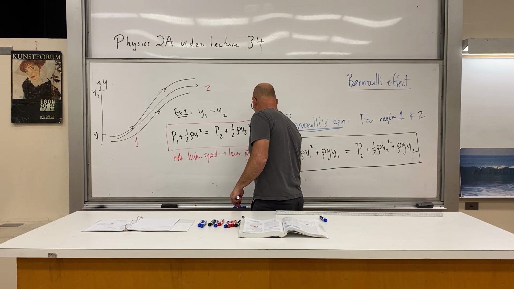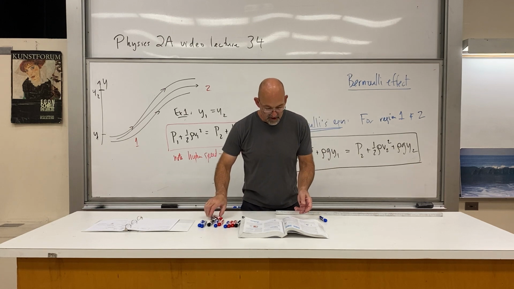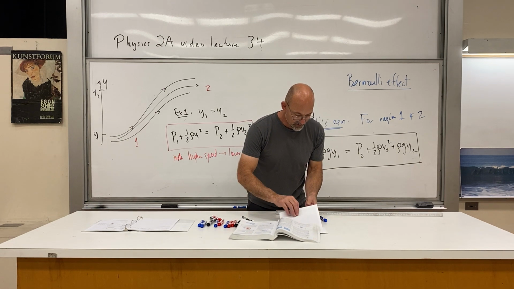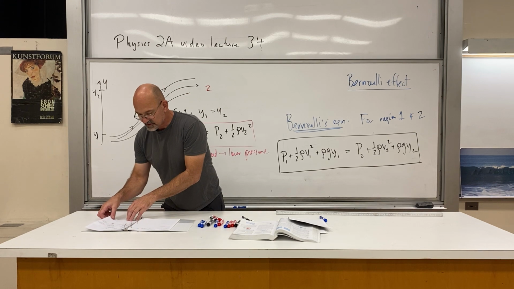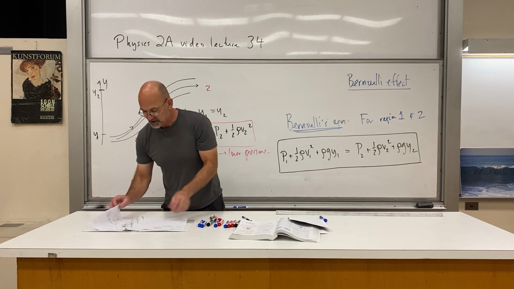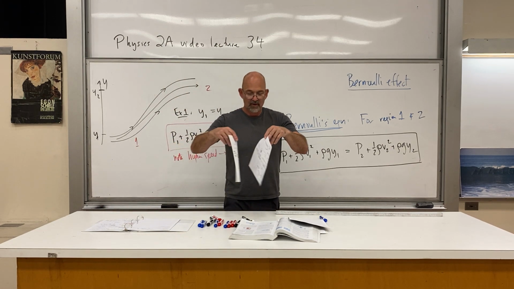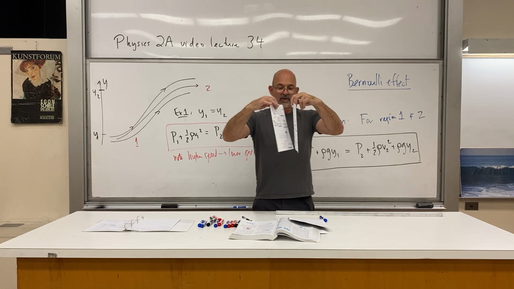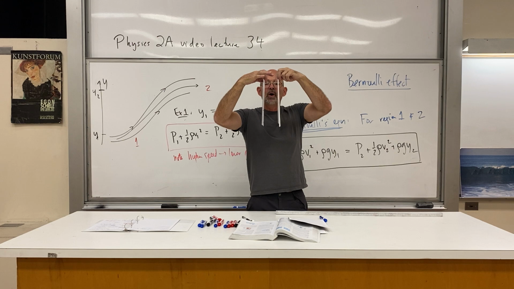This is something that is counterintuitive, but I have a good example of it. And this is a demonstration you guys can do anywhere you have 2 sheets of paper. Okay. So you've got 2 sheets of paper, and you just hold them here. If I blow between them, you'll see what happens.